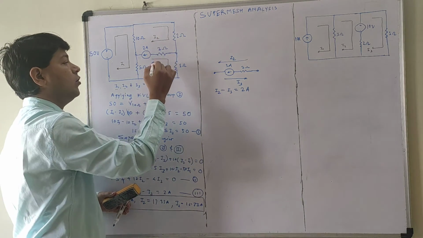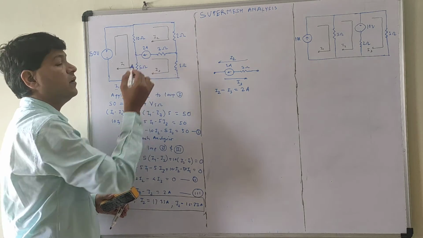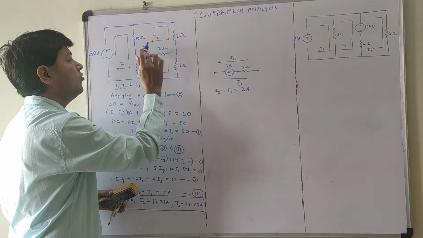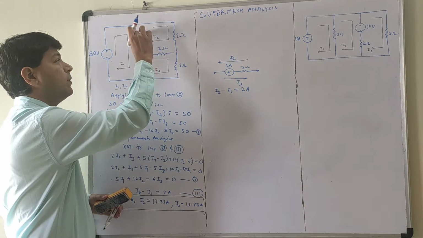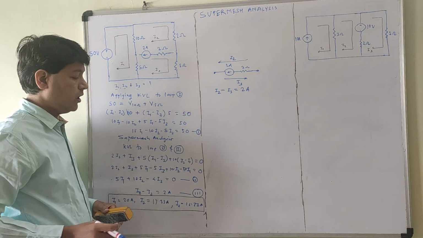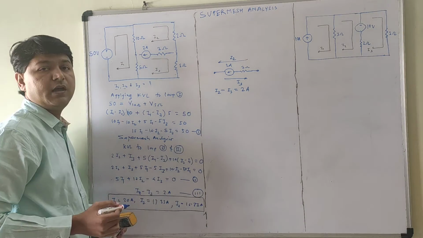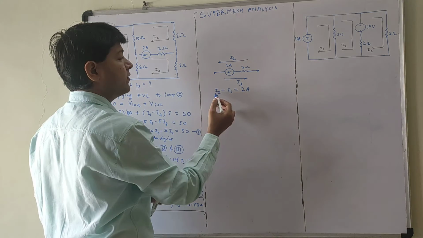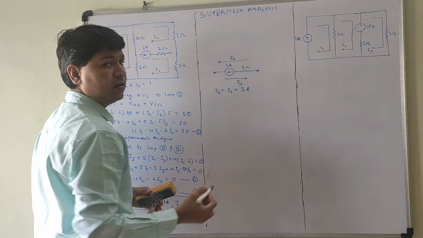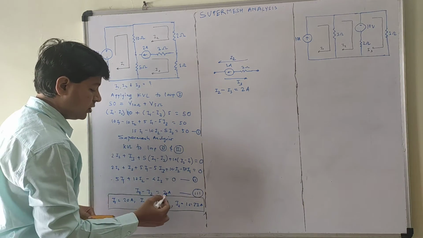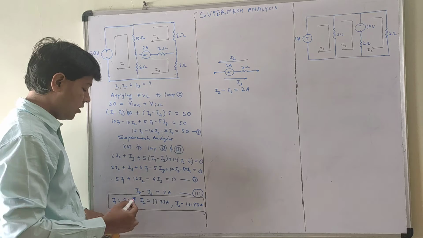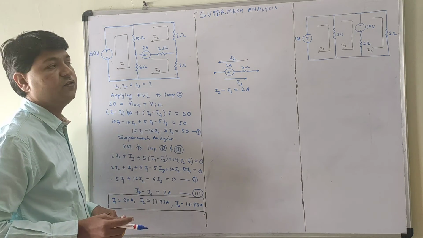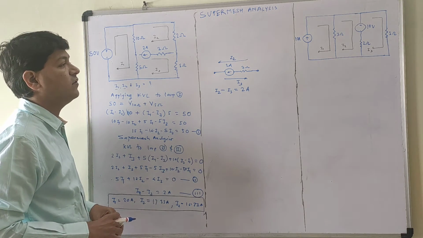Applying Kirchhoff's voltage law to the second and third loops together is not possible because of the current source, so that current source loop is skipped and we apply the law to the remaining loop, giving the second equation. Third, we consider only the loop that we skipped: with the current source, I2 minus I3 gives 2 ampere. This is your third equation. Apply Cramer's law and calculate the values of I1, I2 and I3. This is how super mesh analysis is to be solved.